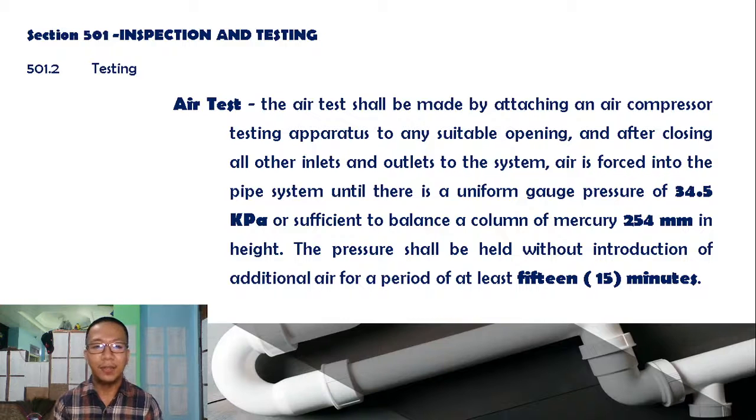And after closing all the inlets and outlets to the system, air is forced into the pipe system until there is a uniform gauge pressure of 34.5 kPa or sufficient to balance a column of mercury 254 millimeters in height. The pressure shall be held without introduction of additional air for a period of at least 15 minutes.